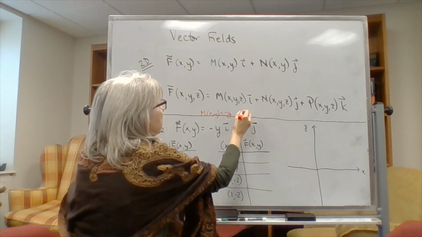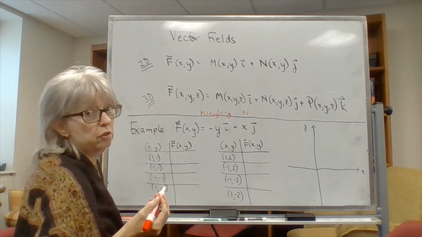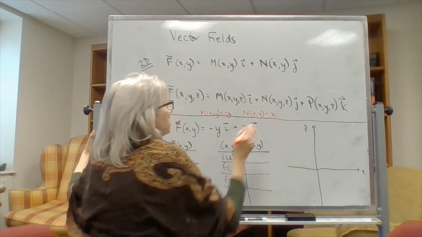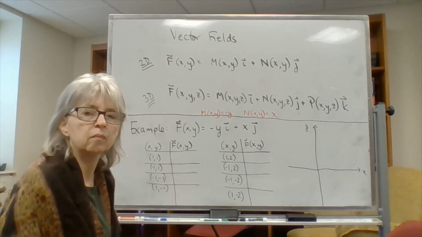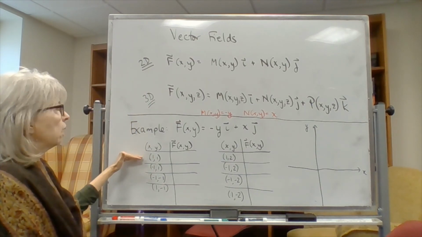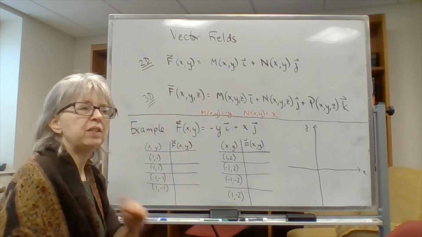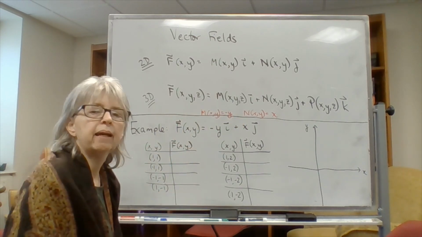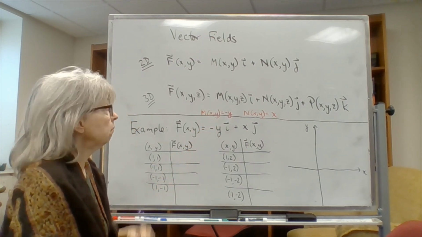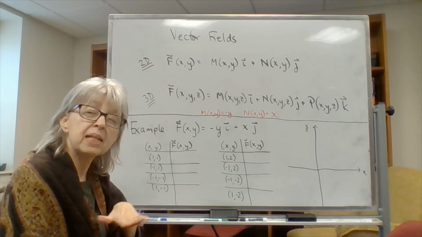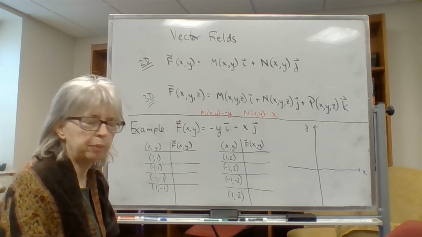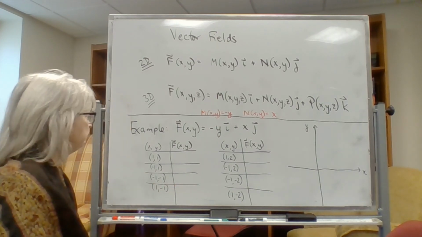X times j, so if I'm keeping track of notation, big N as a function is just x. Not very exciting until we draw it. Both M and N have the entire plane as their domain. These are two-dimensional functions. Their domains are subsets of the plane, and all points in the plane are fine being plugged into this big M and this big N.